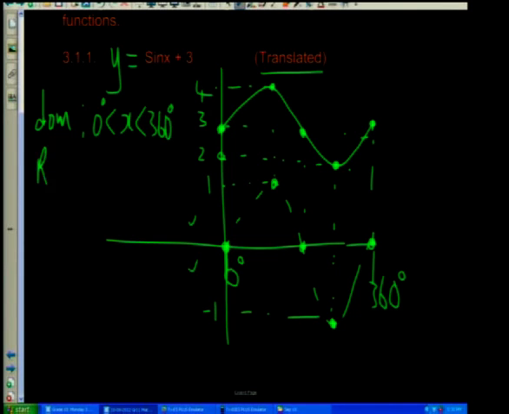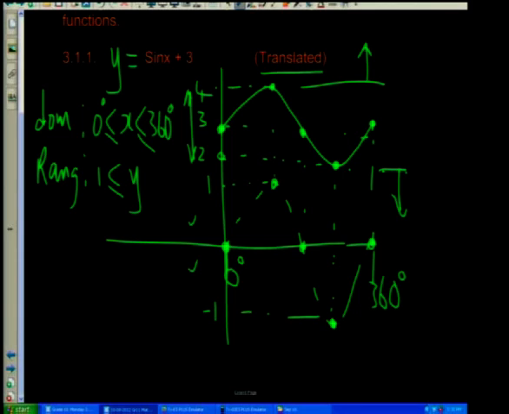And the range, in this case, notice now, it starts at 2 and ends at 4. The graph does not exist below that level, and it does not exist above that level. Okay, so the range is where y starts at 2 and including, of course.